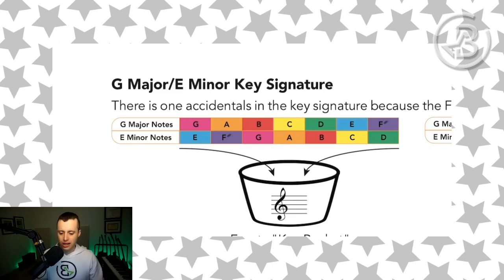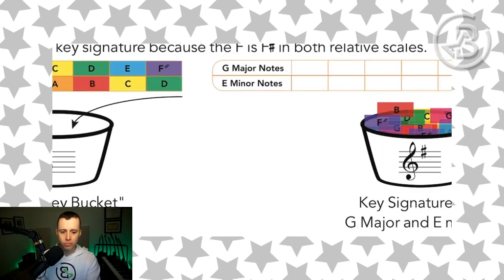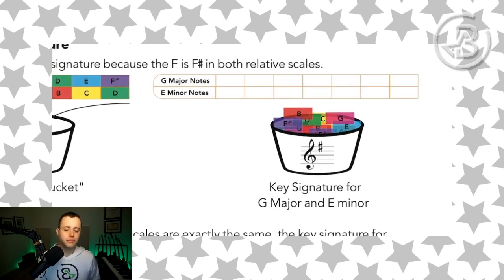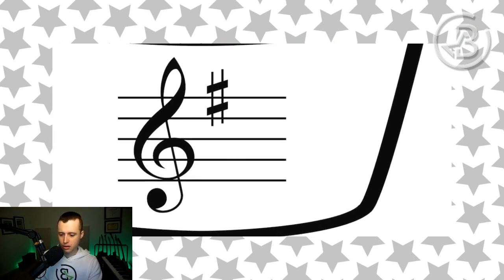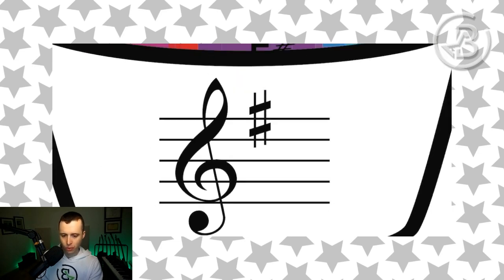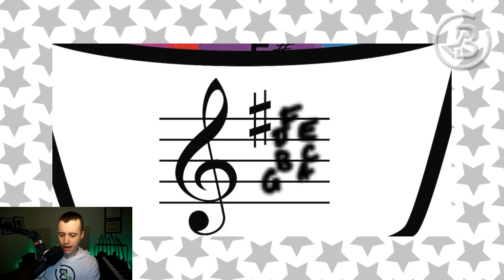Now what happens when we take all those notes, we throw them in our note bucket, or our key bucket, we have from both scales, and again, the key signature doesn't care about the order, but we have from both scales a G, an A, a B, a C, a D, an E, and an F sharp.